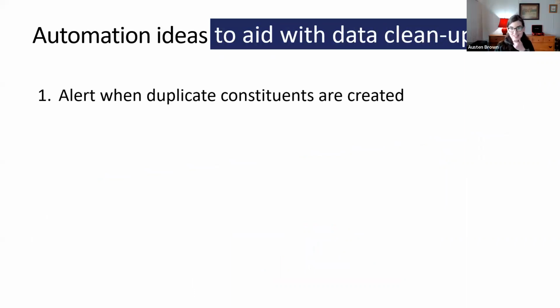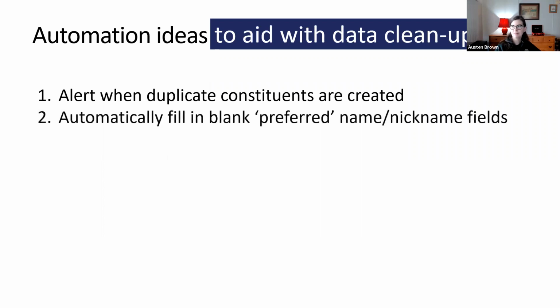So we have 7 examples of how you could build a flow in Power Automate to do data cleanup for you. You could alert when duplicate constituents are created in your system. You can automatically fill in that preferred name field if it's blank.